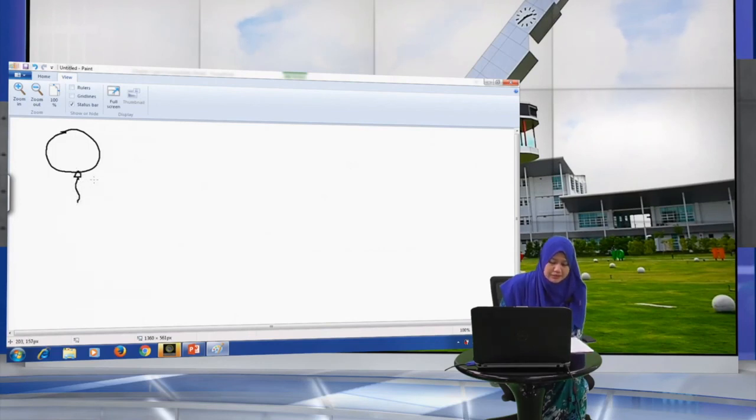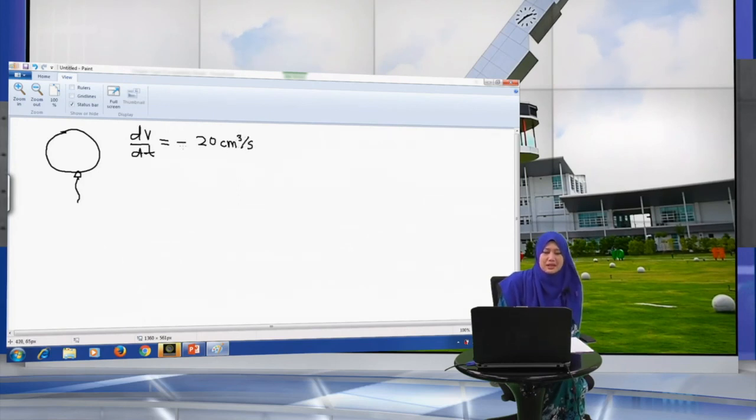Air is being deflated. That means the balloon is shrinking at a rate of 20 cm cubed per second. That means this is dV/dt equals minus 20 and the unit. Okay, negative means the volume is decreasing.